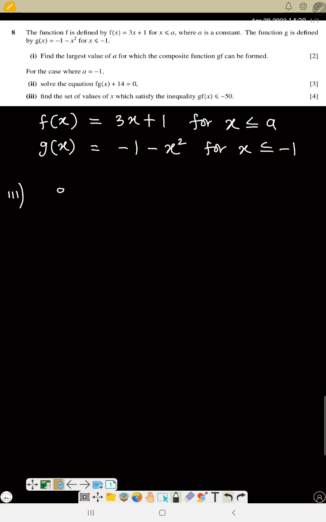So we have G f of s is less than or equal to -15. So it means f of s is inside g of s. Anywhere you see s in g of s, put 3s plus 1. So this will be -1 minus 3s plus 1 squared less than or equal to -15.